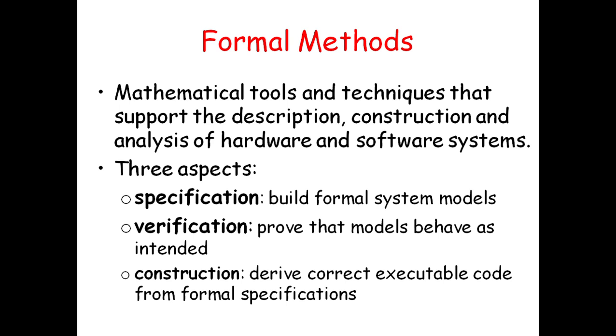Then certain properties, reliability or security properties of the system, are proved to hold, or in other words, it is verified that the model behaves as intended. It conforms to the specification of the system and fulfills certain requirements.